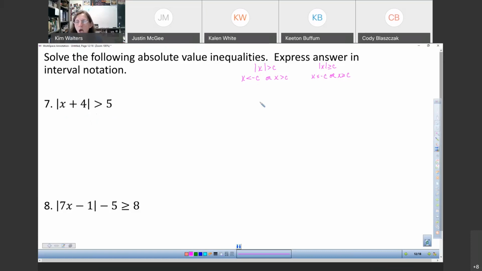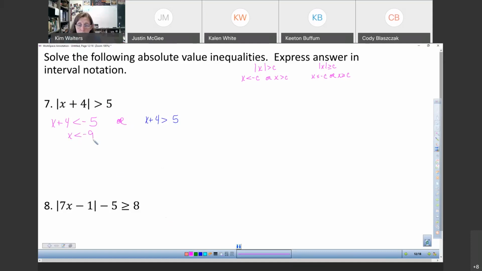I think that's right. Okay, anyway, so I'm going to take x plus 4, and I'm going to say this is less than negative 5, or, and I'll do this in a separate color, x plus 4 is greater than positive 5.